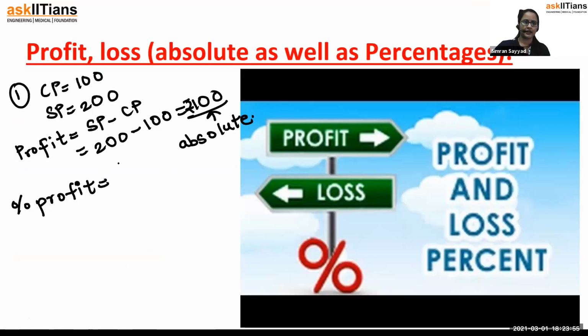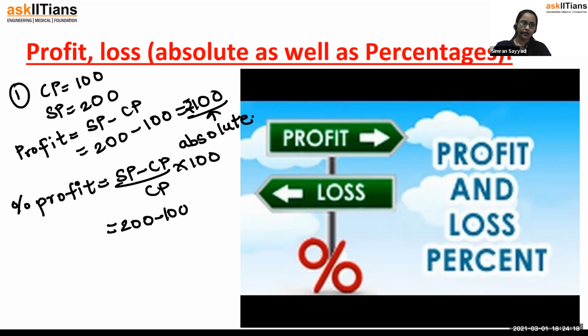The formula is (SP minus CP) upon CP into 100. In the denominator, we consider the base, the original one, and your original one is always the cost price. So for the percentage profit, you do SP minus CP, that is 200 minus 100, upon the cost price 100, into 100.